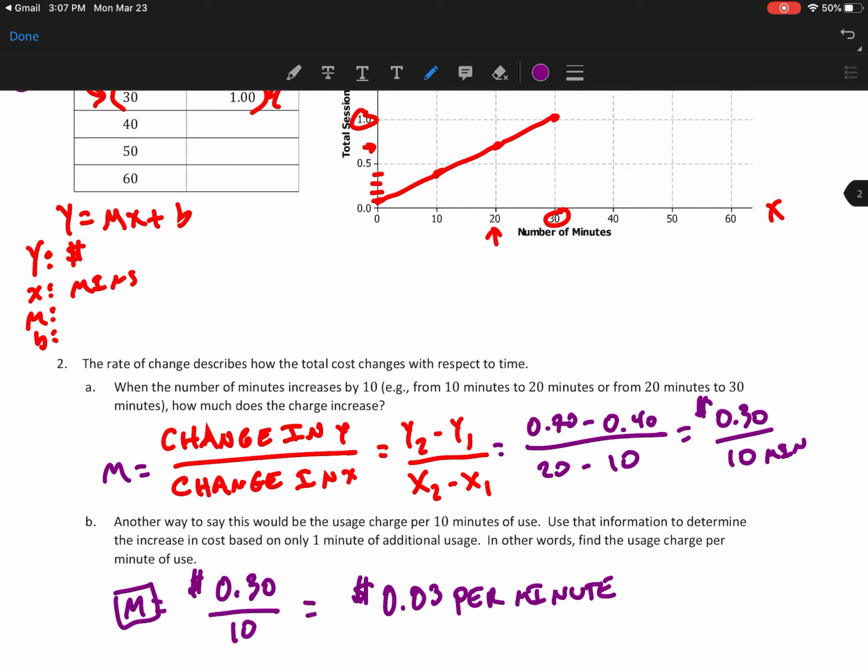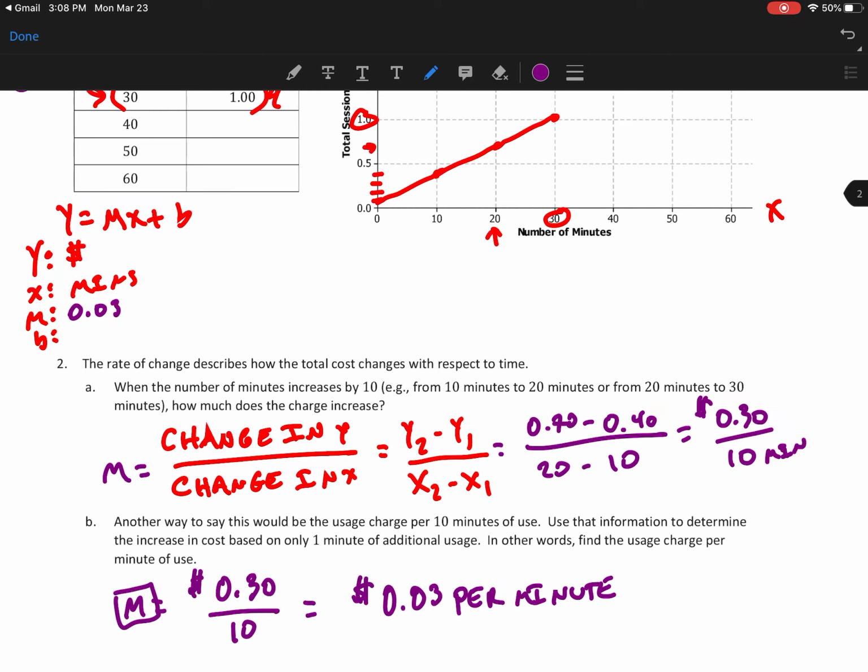So if we go back to our y equals mx plus b, we know that y is dollars, x is minutes, m is change in y over change in x, y of 2 minus y of 1 divided by x of 2 minus x of 1. We know that that is now 0.03.